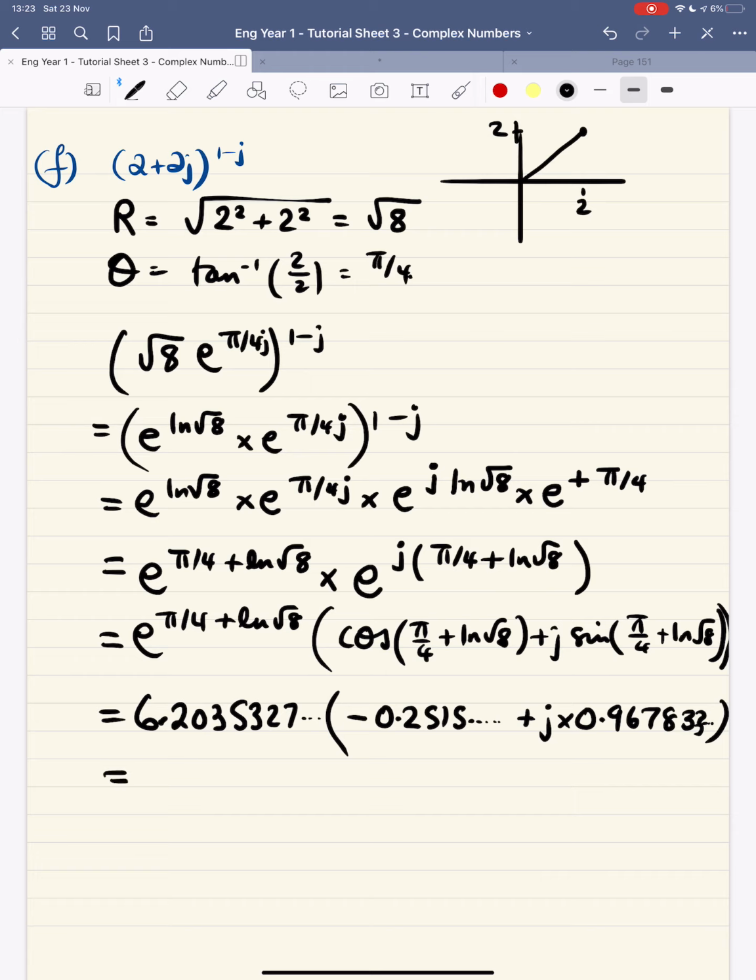So this one, I've got this as minus 1.56 there, plus 6.23537 times 0.967833, plus 6j.